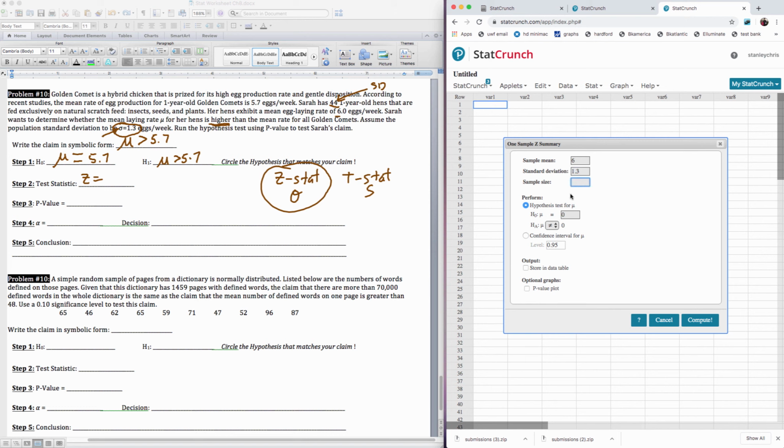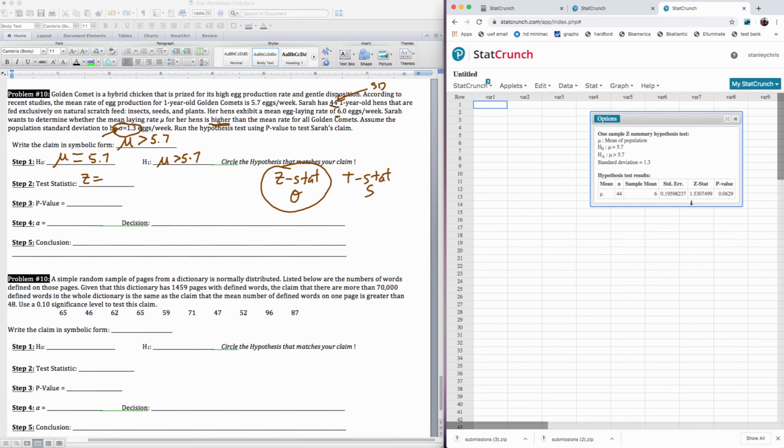The sample size was 44. Now this has to change to the Golden Comets, which was 5.7. And hers was 6, and she's trying to say, hey, is hers more than the Golden Comets? So 6, 1.3, 44, and voila, there we go. We got a z-score of 1.53.